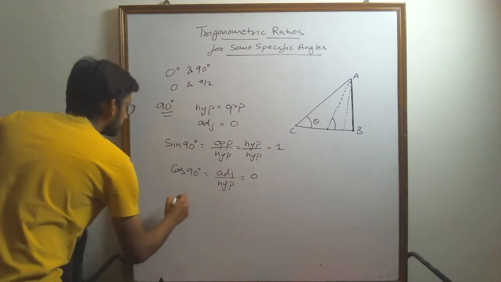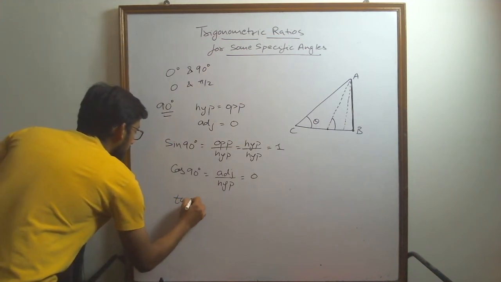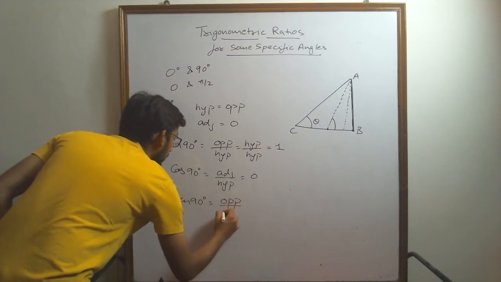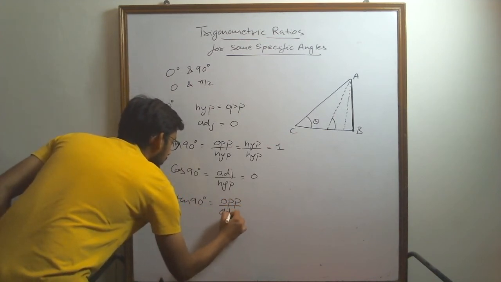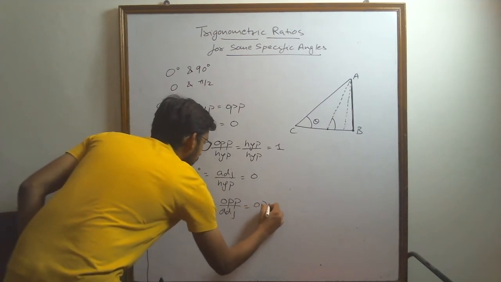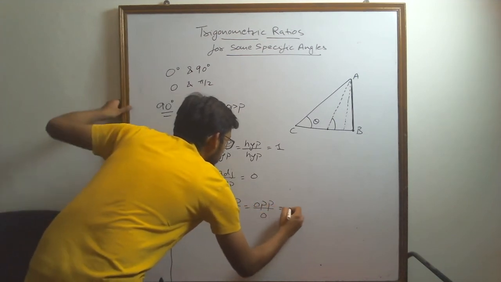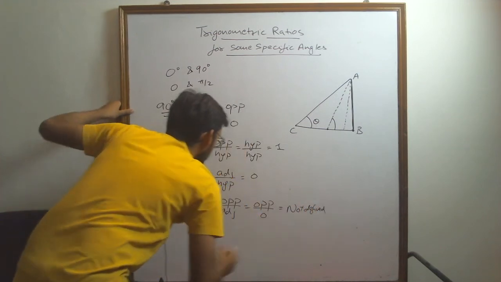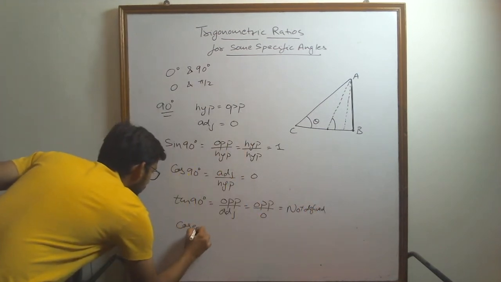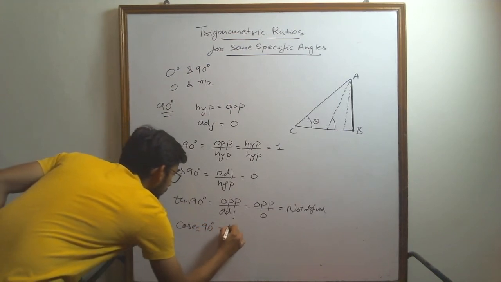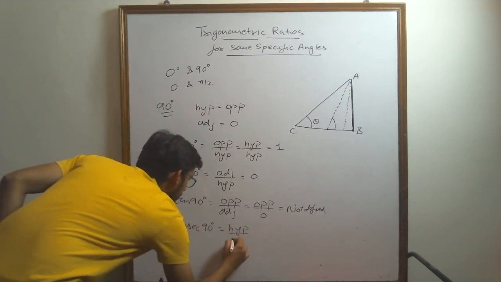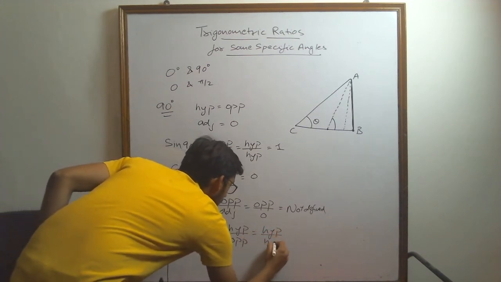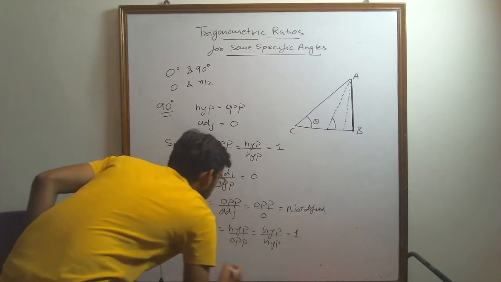Hypotenuse is some number. Tan 90 degrees is equal to opposite upon adjacent, which is opposite upon 0, so it will be not defined. Cosec 90 degrees is equal to hypotenuse upon opposite, which is same as hypotenuse upon hypotenuse, so this is equal to 1.